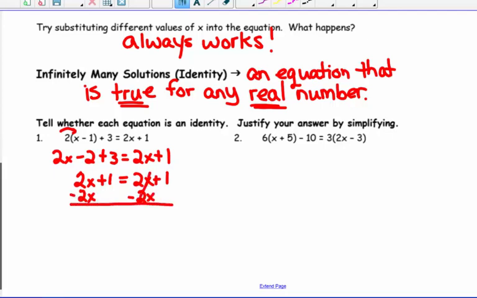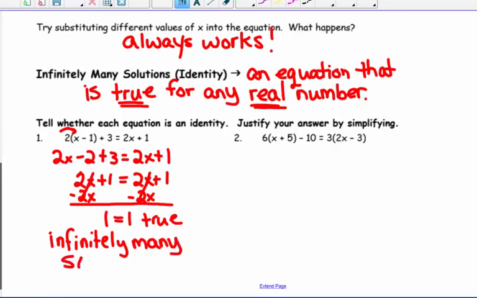So this, yes, is an identity because this is a true statement. That's a true statement. The equation has infinitely many solutions. So it, yes, is an identity.